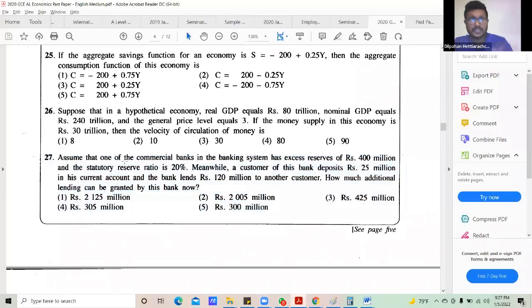Assume that this is a 2020 paper. Yes, the latest paper that you can attempt from past papers, right? If you feel this is tricky, that means you are not ready for the paper. That means you have to work a lot.